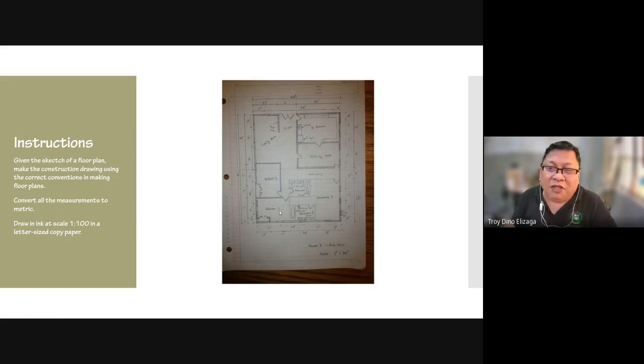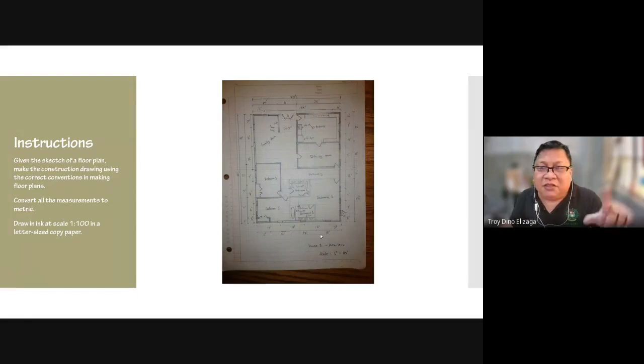I would not use A4 because A4 is narrower. Letter size is wider. At a scale of 1 to 100, this is quite big for the paper, so you're left with a tight space for dimensions.